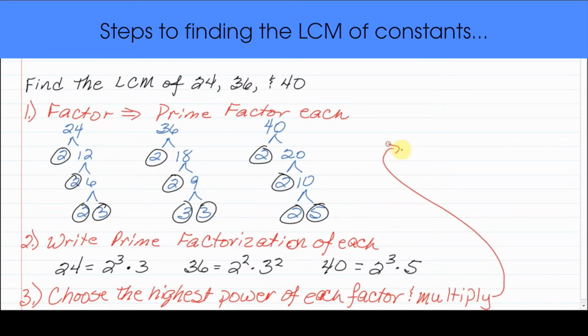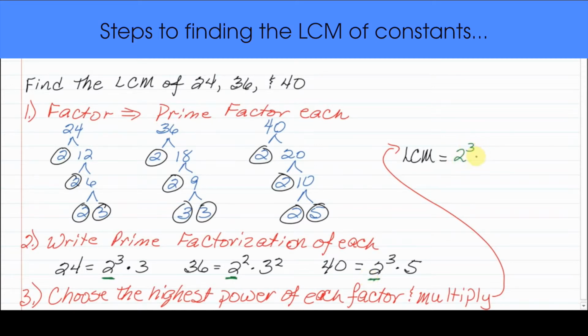So let's do that here. So our LCM is going to be the highest power of each factor that we have showing up. If you look, we have a 2 cubed, a 2 squared, and a 2 cubed. The highest power that we see of 2 is 2 cubed.